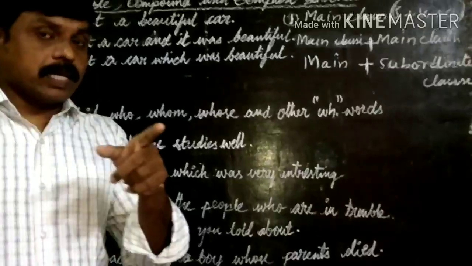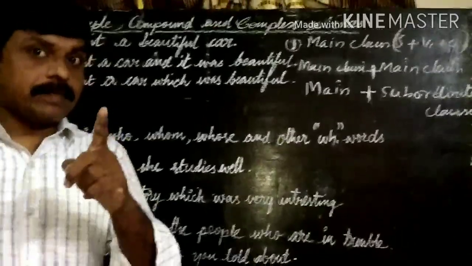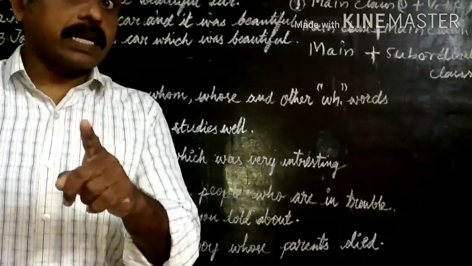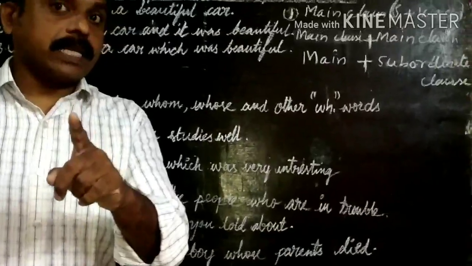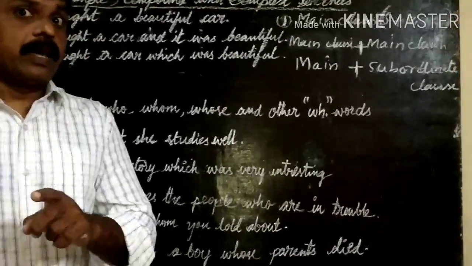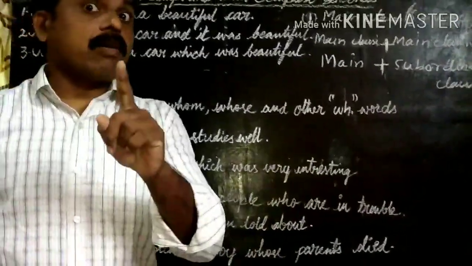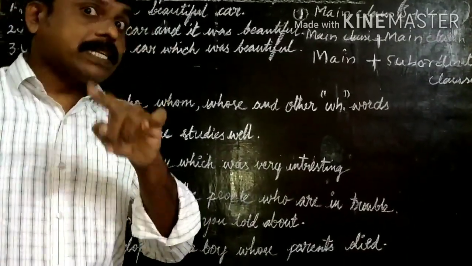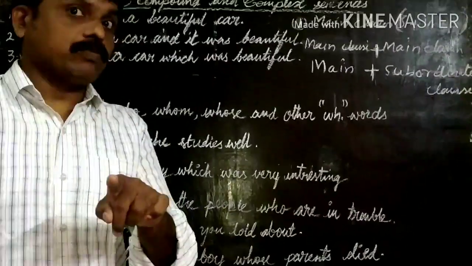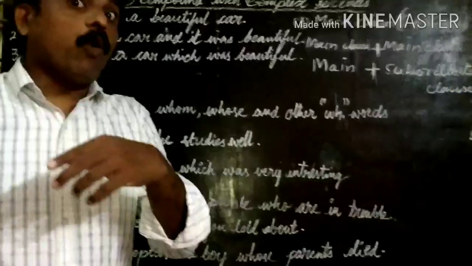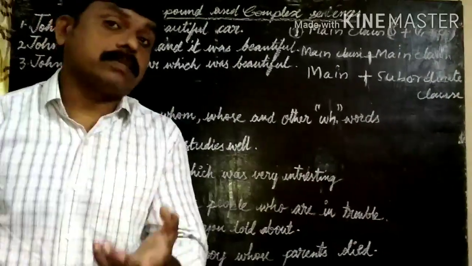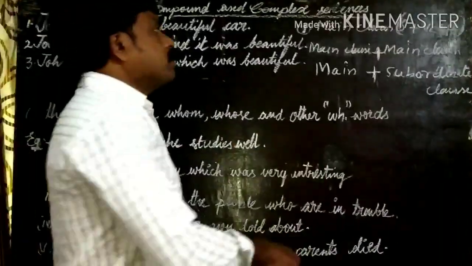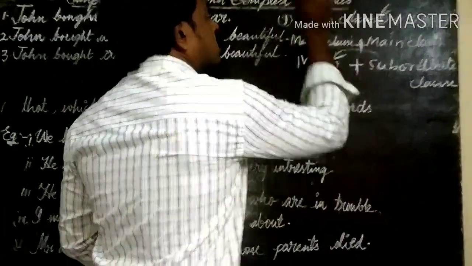A main clause is a clause that has a subject and predicate, makes complete sense, and can stand by itself as a sentence. Whereas a subordinate clause has a subject and predicate of its own, but it cannot make complete sense. For complete meaning, it always depends on the main clause.